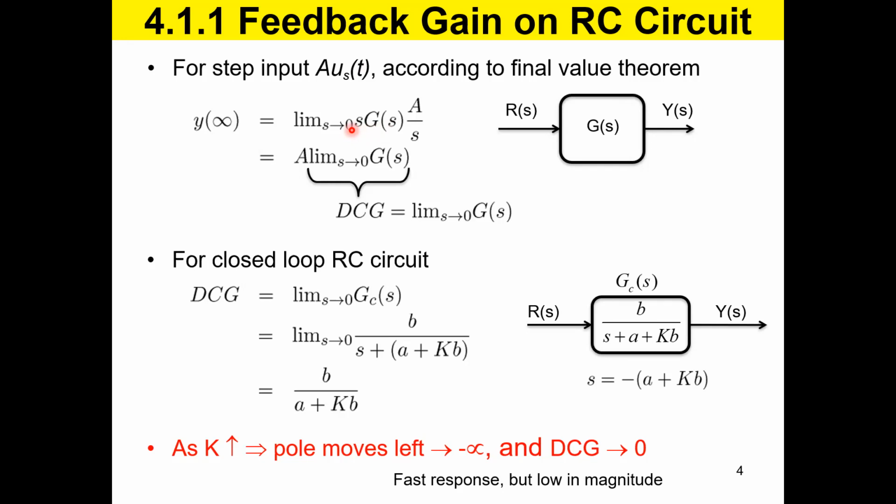The final value is something in the time domain, not in the Laplace domain. But to calculate it, you can use the Laplace domain terms, G(s), etc., and take the limit as s goes to 0. The result is not in the Laplace domain. The result is the final value of the plant.